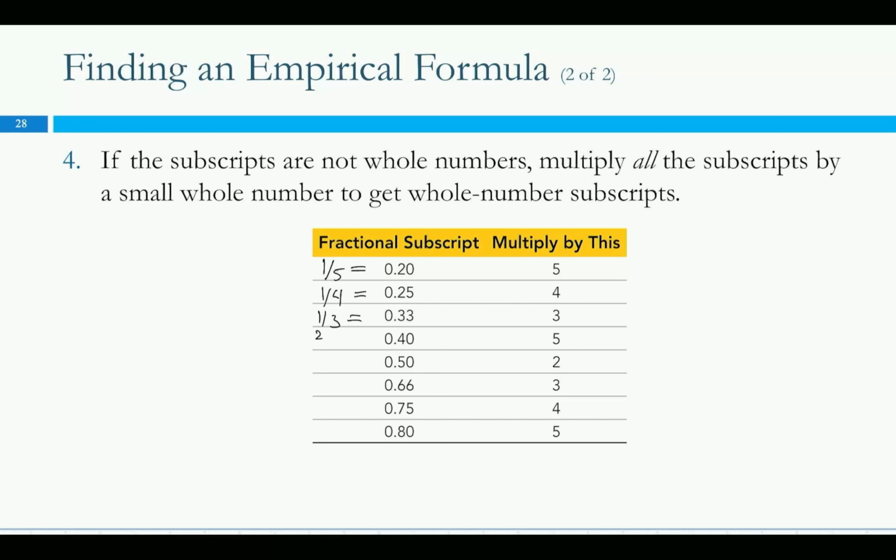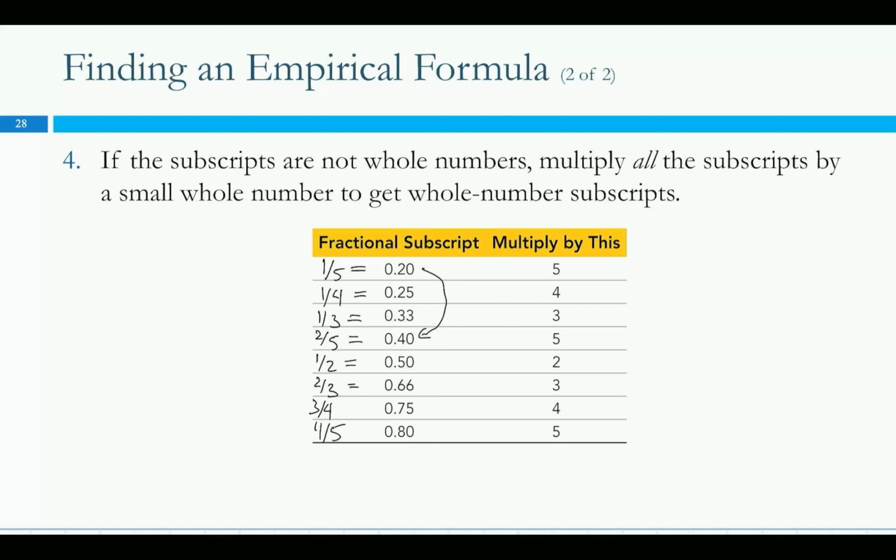And then this would be 2 divided by 5. You see that 0.2 to 0.4, that's a whole multiple. So these fractions are all related. And then this one's 2/3, this one's 3/4, this one's 4/5.